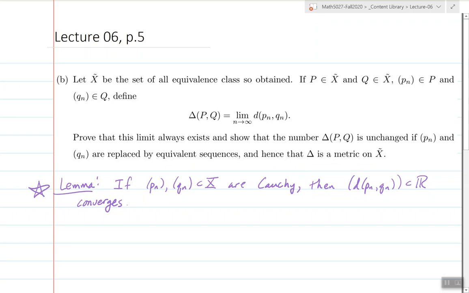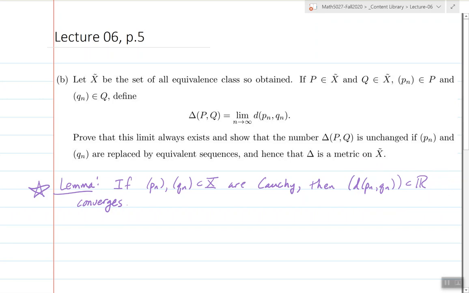Then you have to show, after that, that if you interchange Pn and Qn with any other 2 points from these equivalence classes, so any other 2 Cauchy sequences that were equivalent to them, then the limit of that new sequence of real numbers would not change.